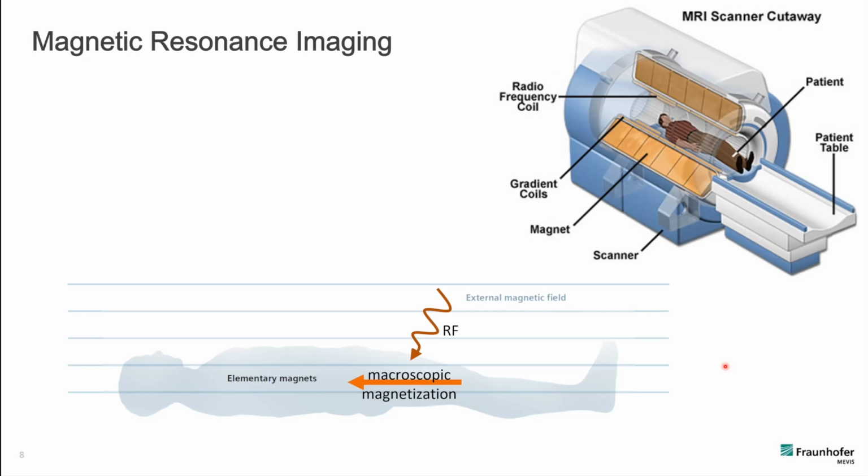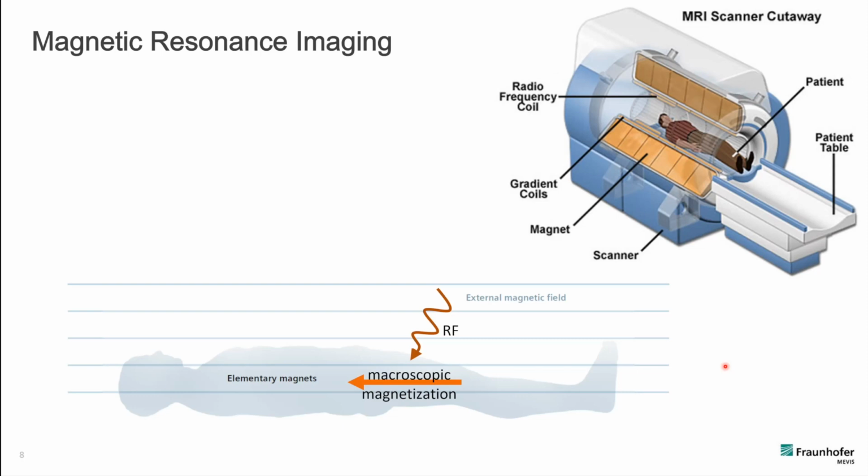We are mainly working on a 3 Tesla system, which we have at our institute. There, the frequency is 123 megahertz. It's a Siemens 3T scanner, so it has 2.9 Tesla field strength. That's why it is 123 megahertz instead of 128 or so, which a real 3 Tesla would be.